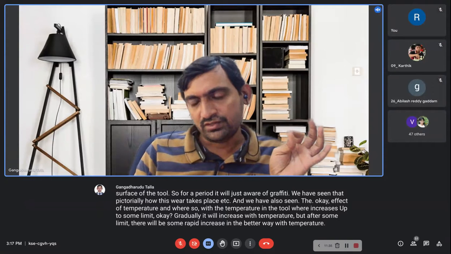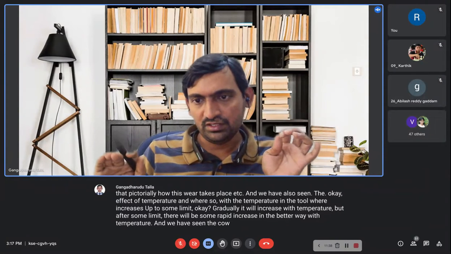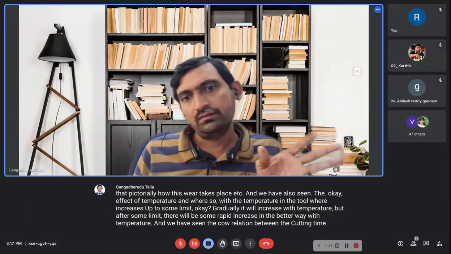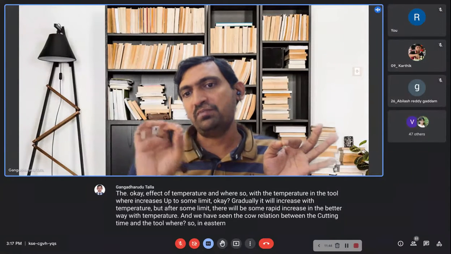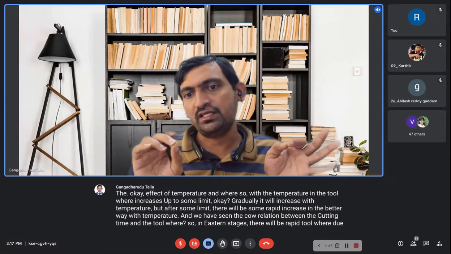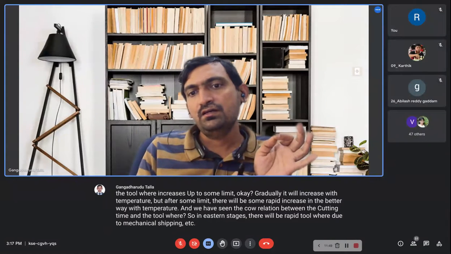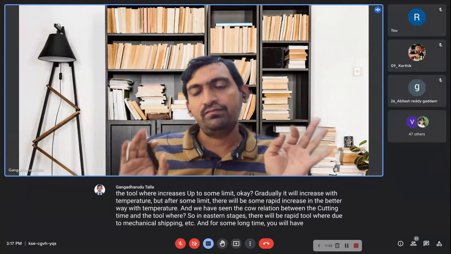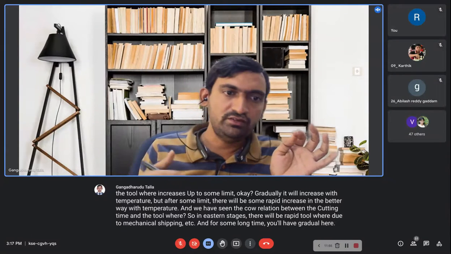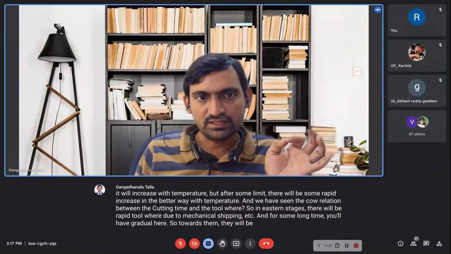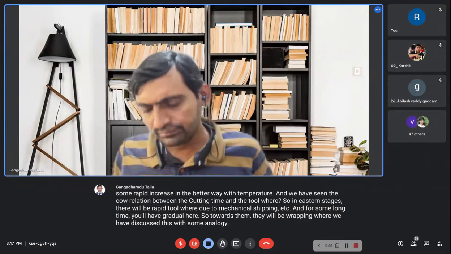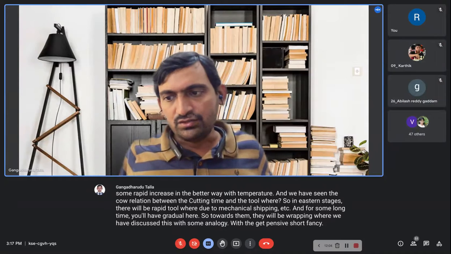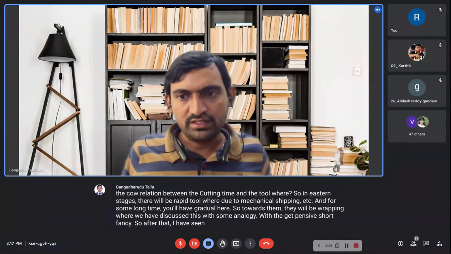And we have seen the curve relating cutting time and tool wear. In the initial stages there will be rapid tool wear due to mechanical chipping, etc. And for a long time you will have gradual wear. Towards the end there will be rapid wear. We discussed this with an analogy of a sharp pencil. So up to that we have seen in the previous lecture.